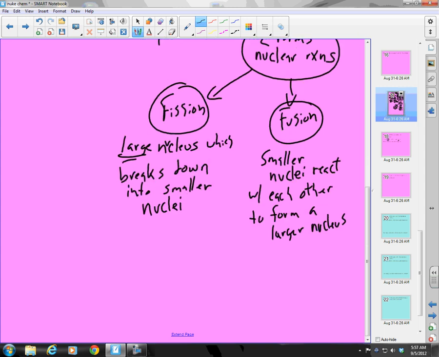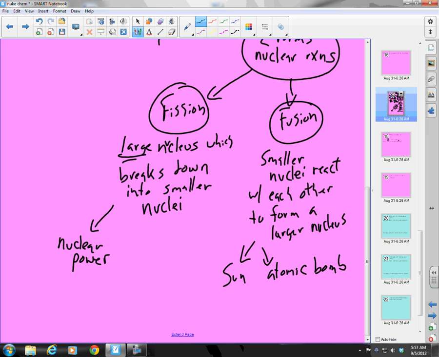Okay, and fission examples would be, for us, our nuclear power plants. Nuclear power is fission right now. It would be really nice if it were fusion, but unfortunately it's not. Fusion, hey, this is the sun and like the atomic bomb. Fat Man and Little Boy, right?